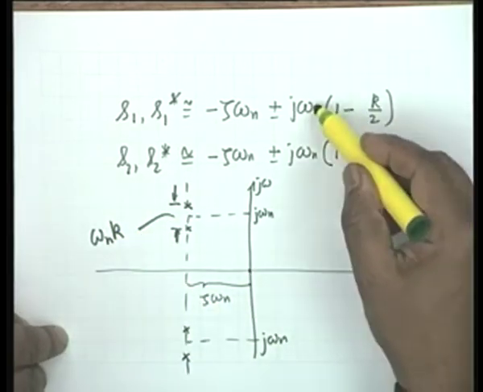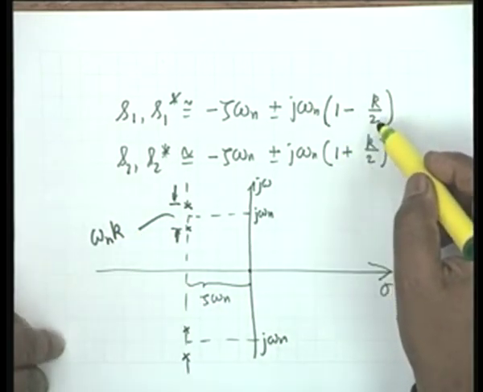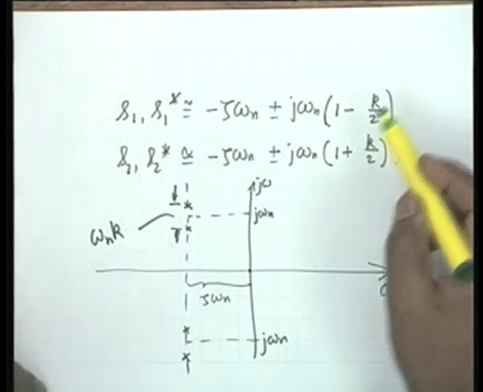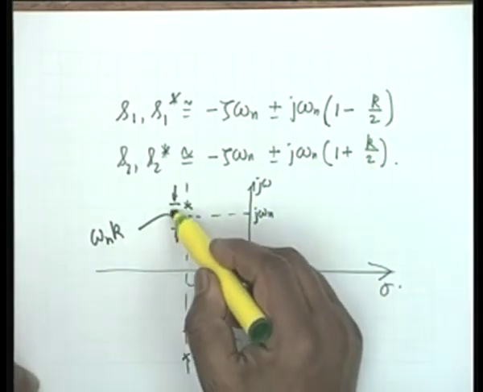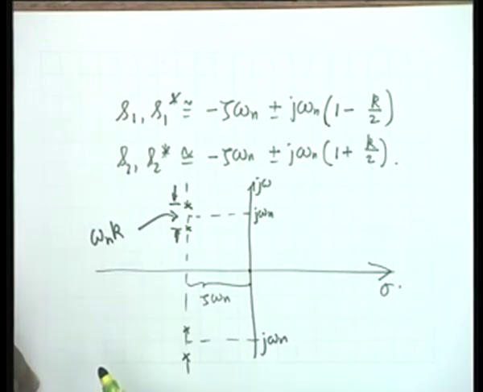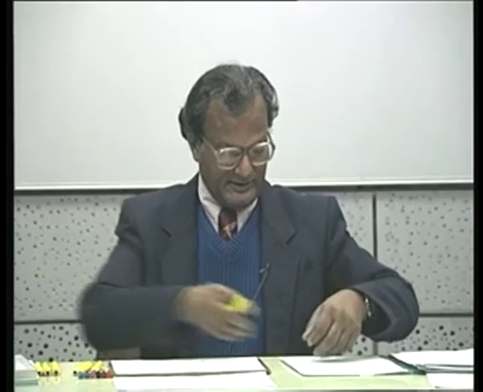One is below omega n k by 2, and the other is above omega n k by 2, and therefore this distance is omega n times k. This is the location of the poles.